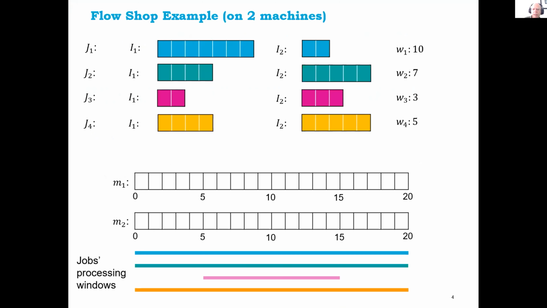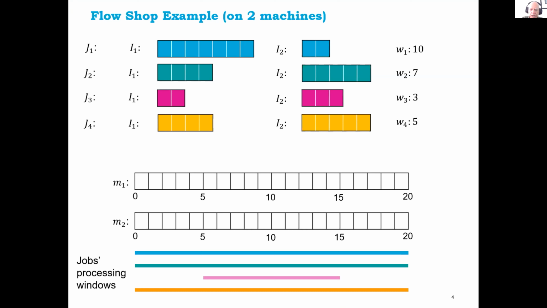So let me give you an example, just so that we are sure that we understand the problem. So here we have 4 jobs, color-coded, and 2 machines. So you see the segments for each job, the blue job, the green, pink, and yellow, and you see how much processing time they need in each one of the machines.